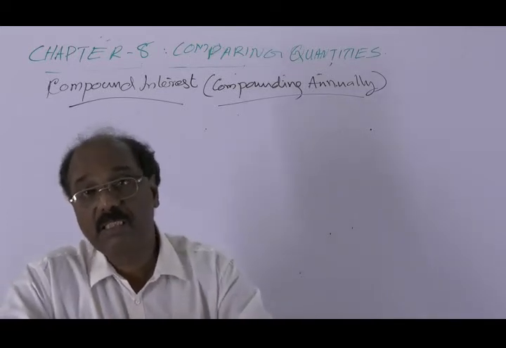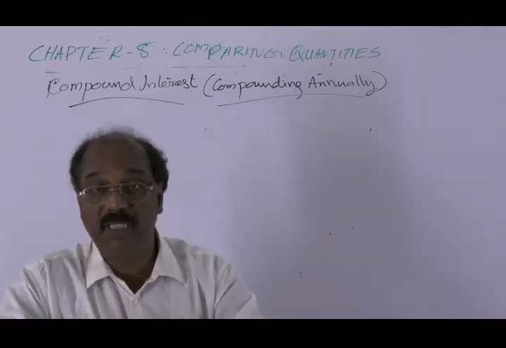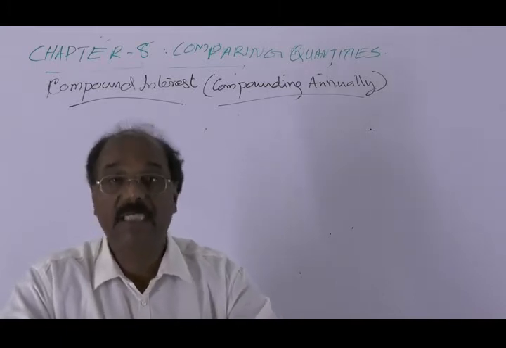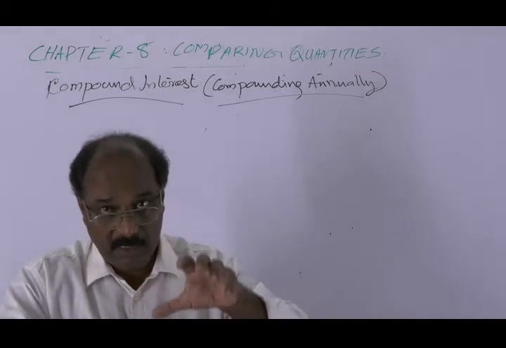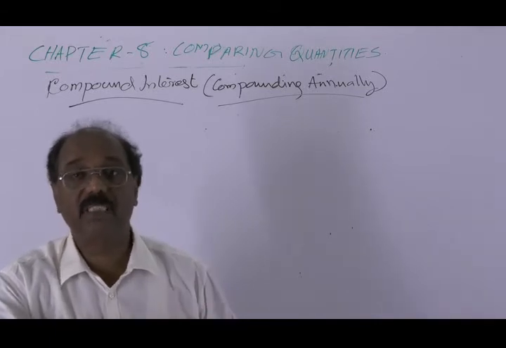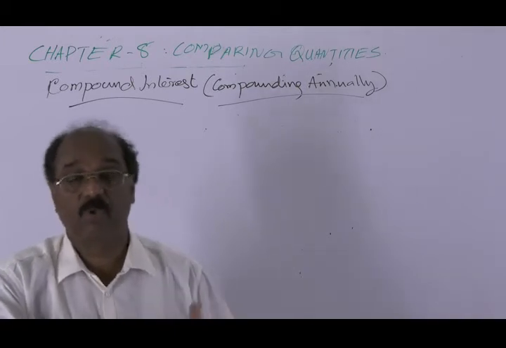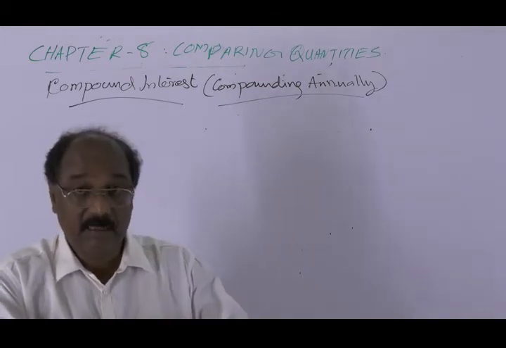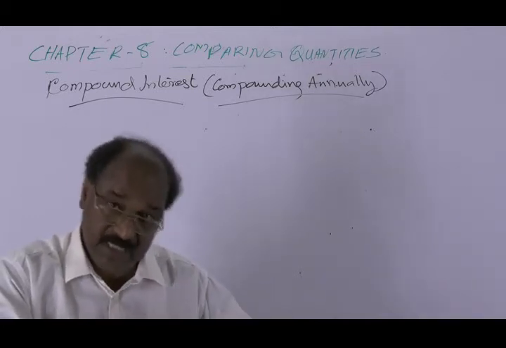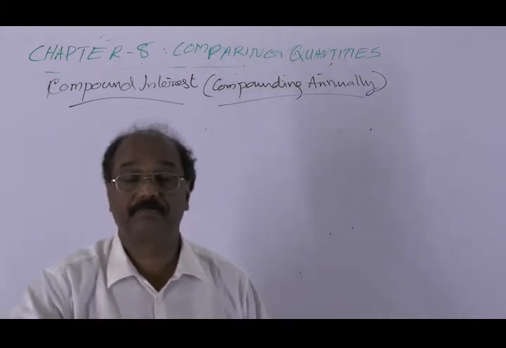First we will consider compounding annually. So in compounding annually, every year, at the end of the year, the interest for that year will be calculated and added to the principal amount. Then for the next year's interest calculation, this previous interest plus the principal amount will be taken into consideration.